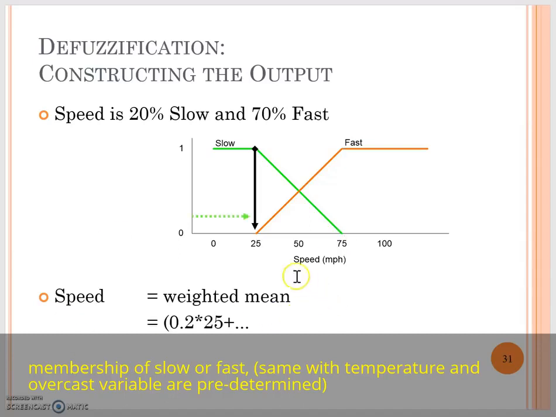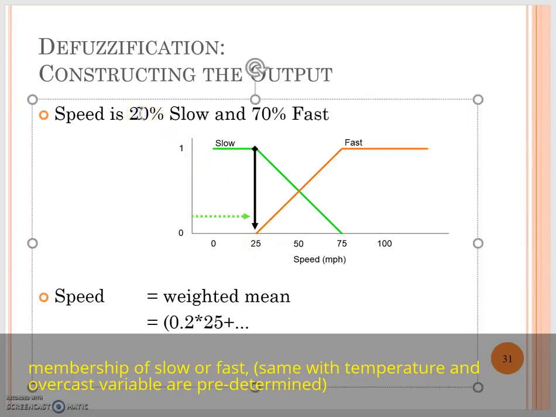So what is the speed? We have to find the weighted mean. At 25 mile per hour, it's 10% slow, so this is 0.1 times 25.